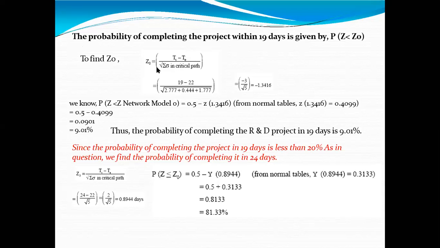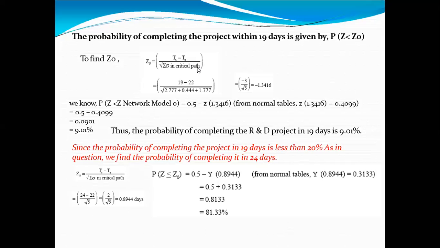That Z0 value we have to find out using this formula: TS minus TE divided by the root of the summation of sigma squared of the critical path.